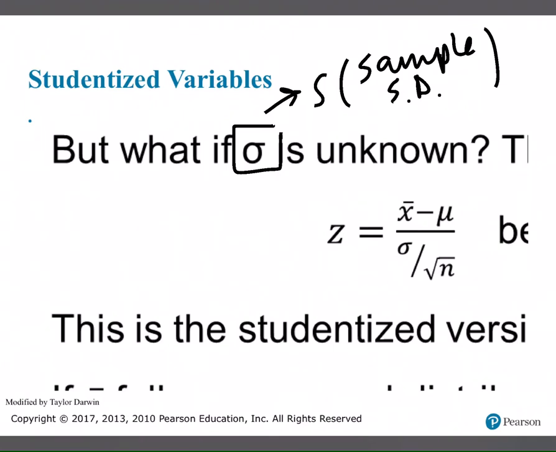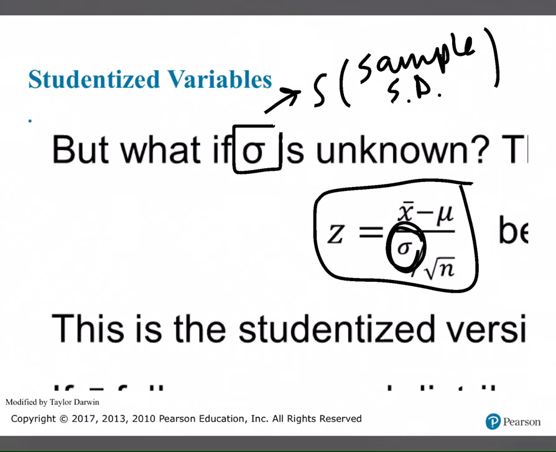So now we're approximating the mean and the standard deviation when we use our confidence intervals. So normally we use z equals x bar minus mu over sigma divided by root n. But if we don't know this, then we have to use a new formula.